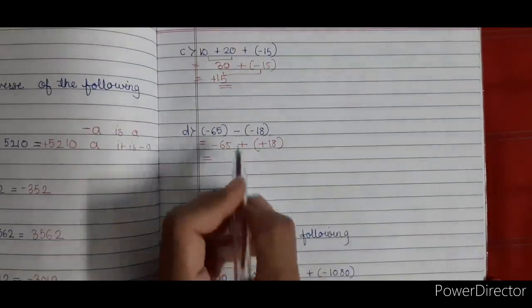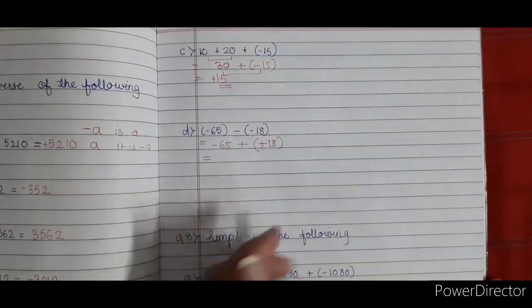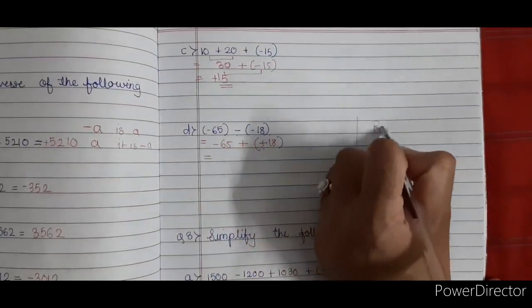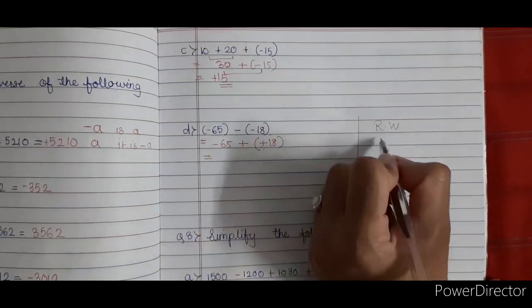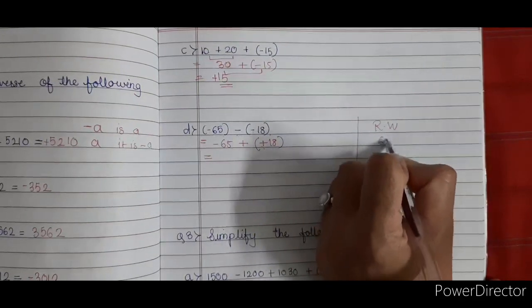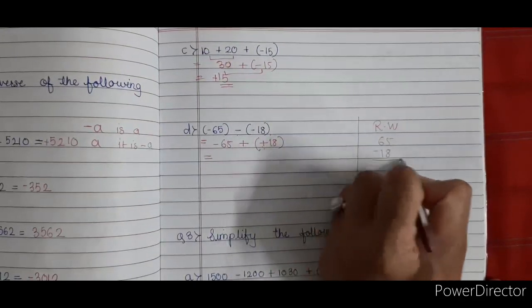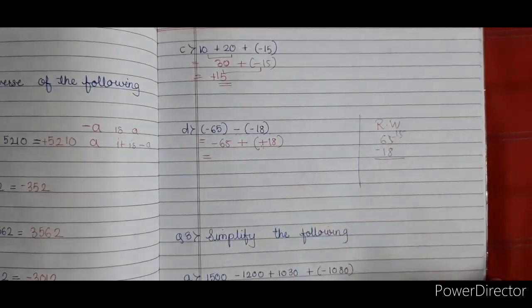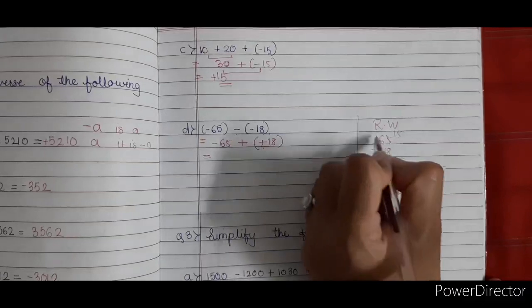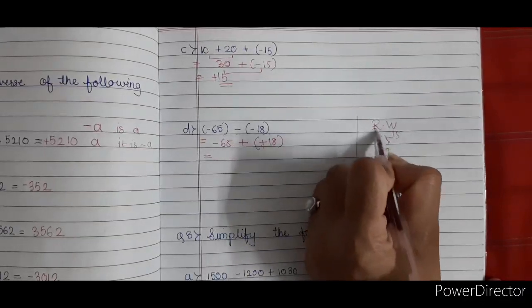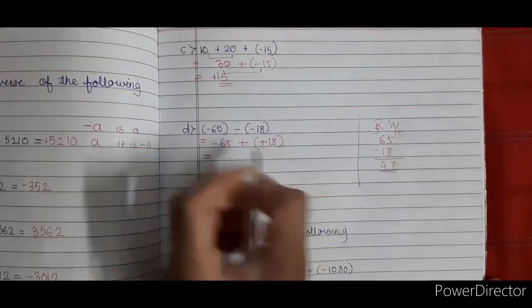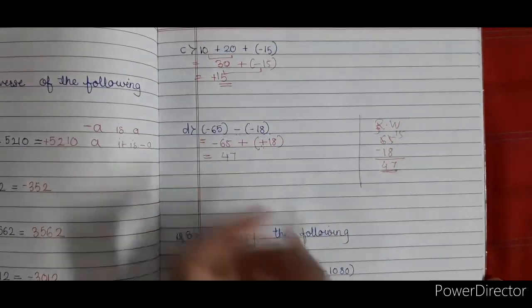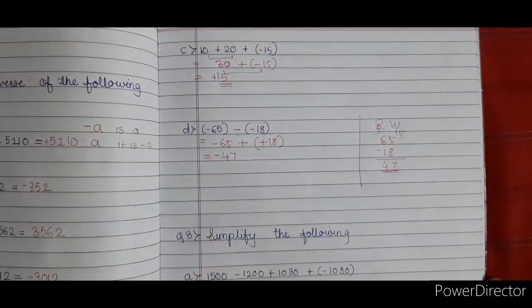Now I'll solve. Both my numbers have different sign, so I can perform rough work. I'll subtract 18 from 65. Look here, 15 minus 8, 7, and it will be 5, so 47. So the answer is 47, and the sign will be minus.